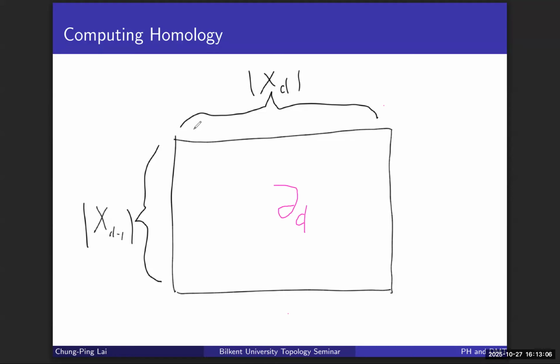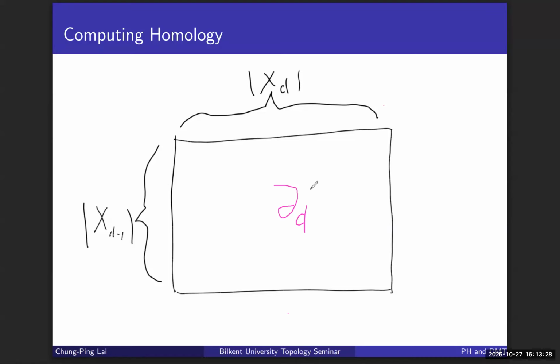You make each column represent a D cell, an element of a basis, and each row represent a D minus one cell.